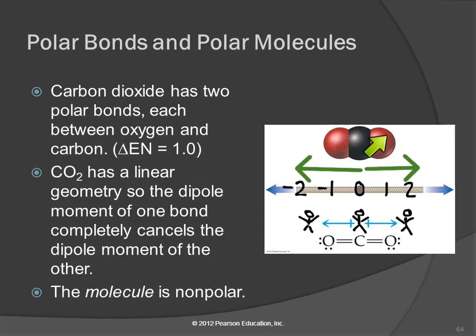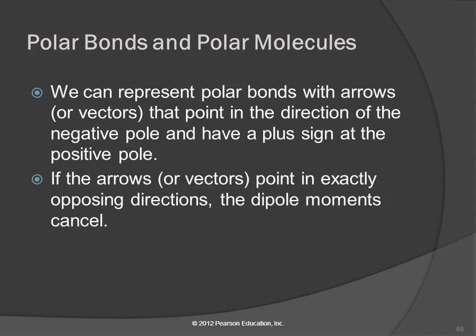Because carbon dioxide has a linear geometry, the polar bonds cancel each other out. The molecule as a whole is nonpolar. It doesn't have a positive end and a negative end. So here's the explanation of the arrows.